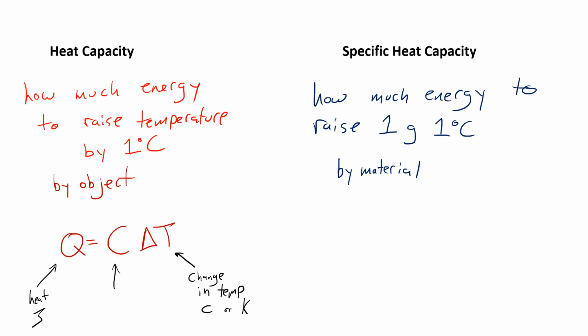And C is your heat capacity. All right, so this is going to be in joules per Kelvin, or joules per Celsius, or it could even be in kilojoules. You have to watch out for that, but it works the same way.